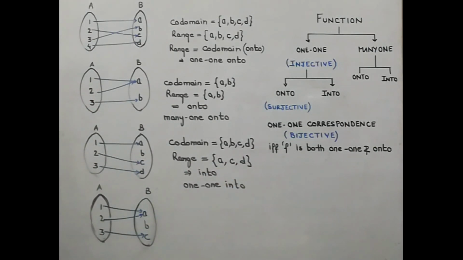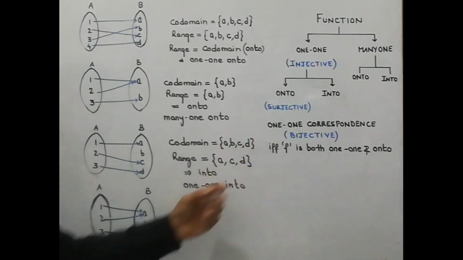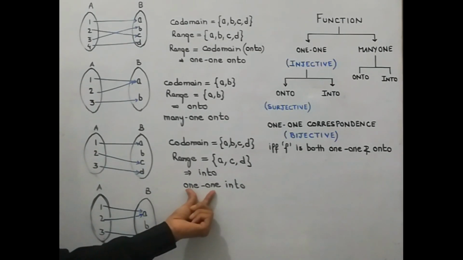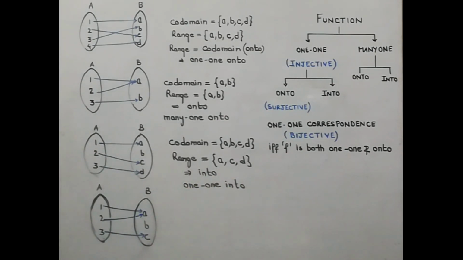Again, this is not 1 1 correspondence. Why? Because it is 1 1 but it is not onto. So the third function is 1 1 into. Coming to the fourth one. In the fourth one, again you can see what is codomain. Codomain is ABC.